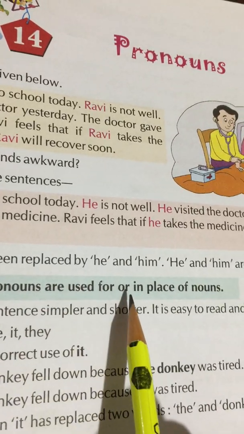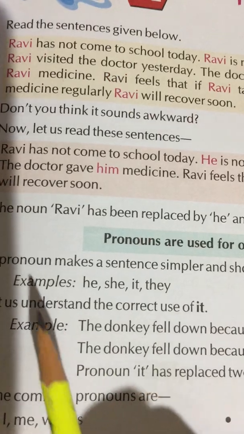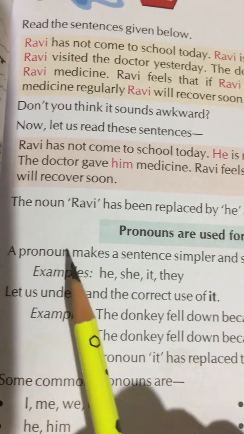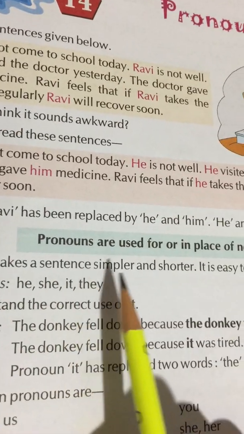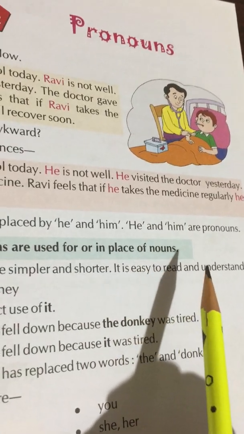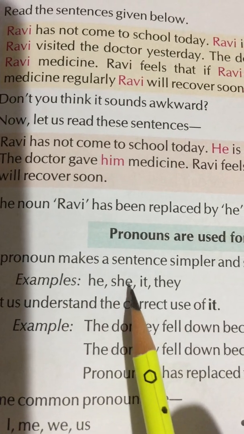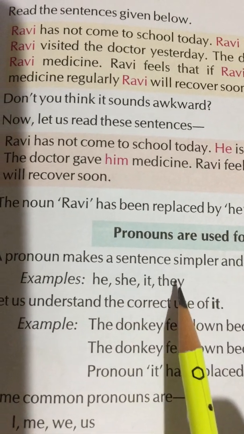Pronouns are used for or in place of nouns. A pronoun makes a sentence simpler and shorter. It is easy to read and understand. Examples: he, she, it, they.